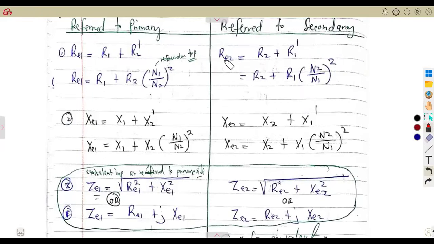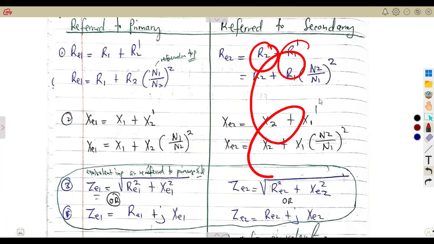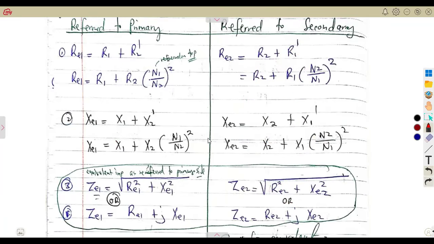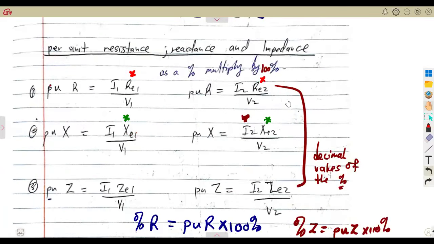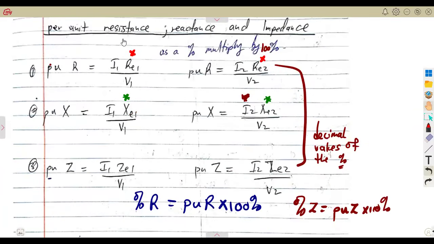What can I do from this? No, because we do not have R2, these R1. These ones can be used when you have those values R2, X2, the reactances. So the only other part that we are left with, that I was explaining before, is here: per unit resistance, per unit reactance.